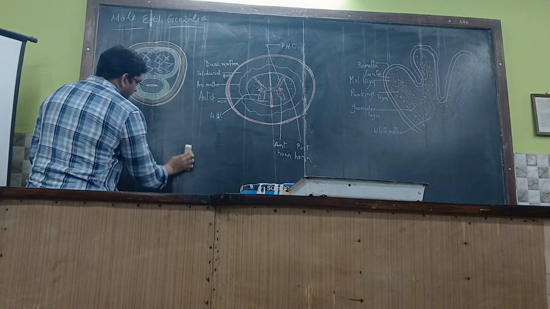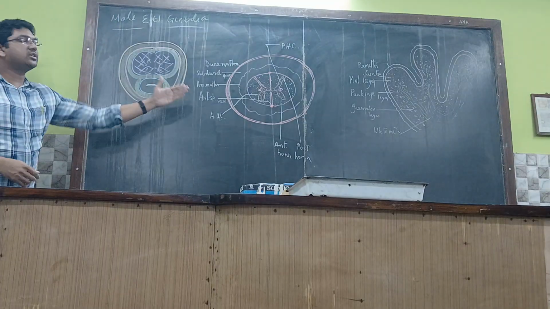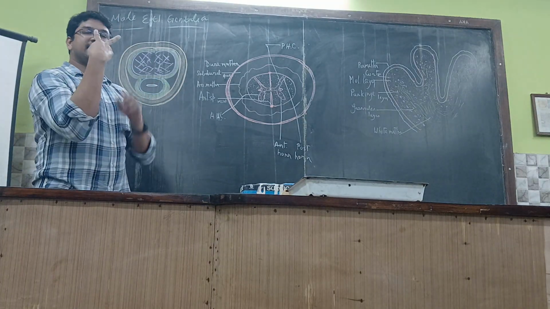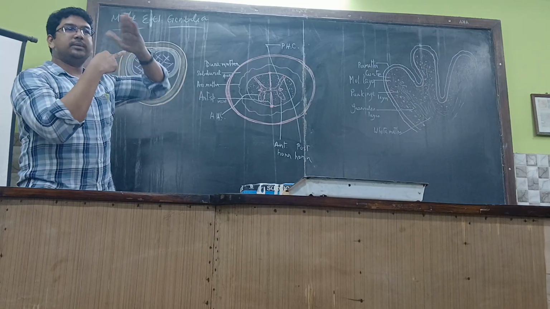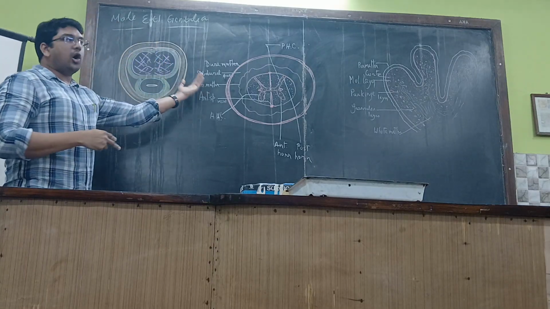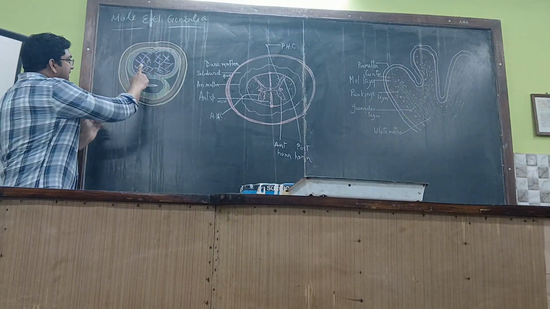So now we are going to see the cross section of the penis. Initially there are two crura which are attached on either side to the bony pelvis. But after emerging out of the pubic angle, both will join together in this manner.